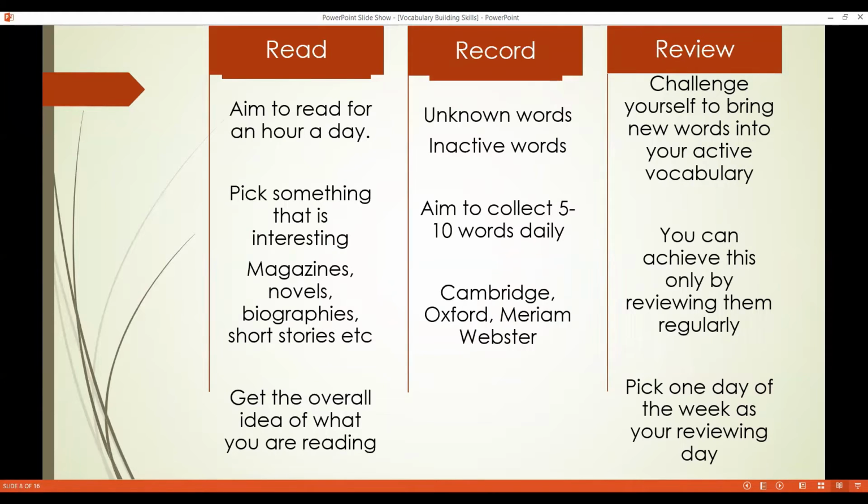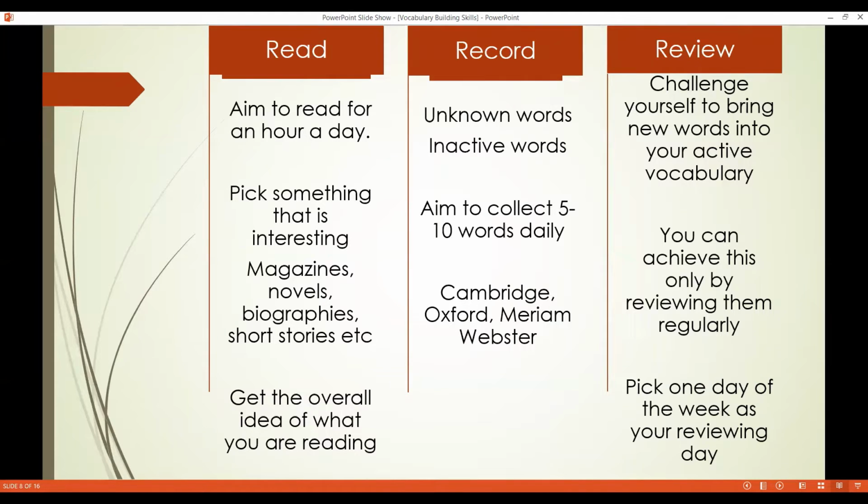If you aim to read for an hour a day, you will feel a certain change in your vocabulary, in the usage of words in your daily life, not only at a professional level, but when you're talking to your peers as well. Pick something interesting, a text of your interest.